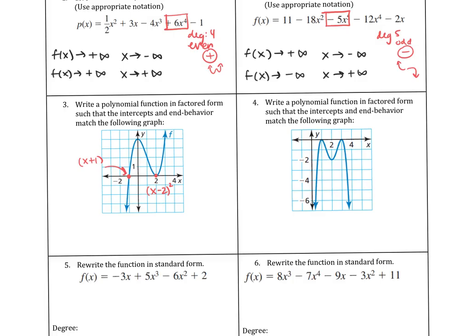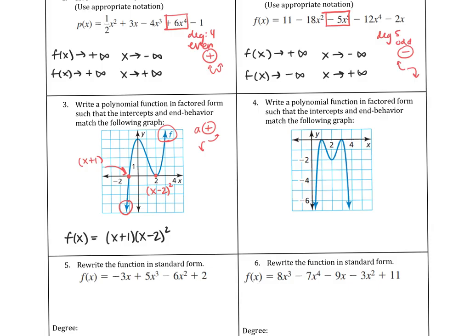And since as x goes to negative infinity, f of x goes to negative, and f of x goes to positive, I know that the a value is positive because we've got this kind of end behavior. So here's an example. F of x equals x plus 1 times x minus 2 squared.